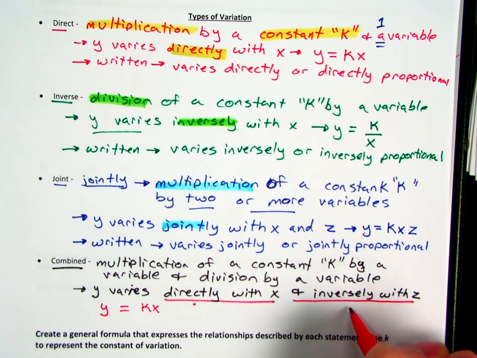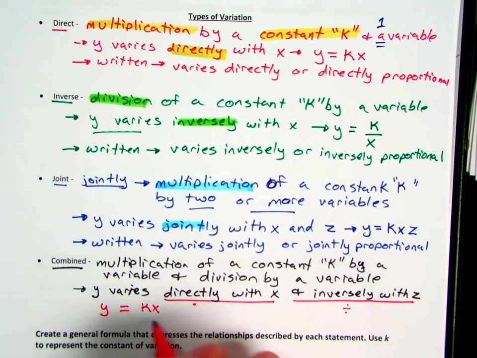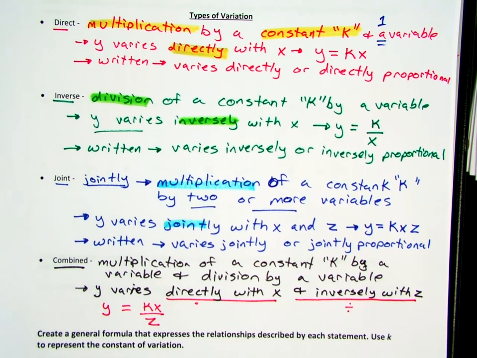If direct is multiplication, inverse is division with z, so then we're going to divide that one by z. I'm not really going to write what's written in there because when we do combined, you're going to see a combination of varies directly, varies inversely, inversely proportional, directly proportional.